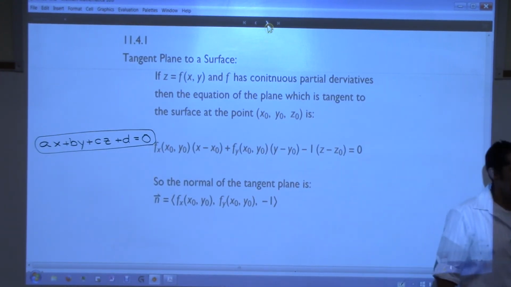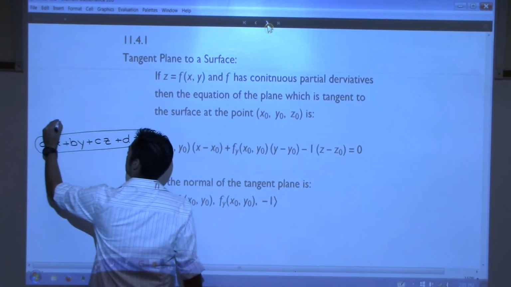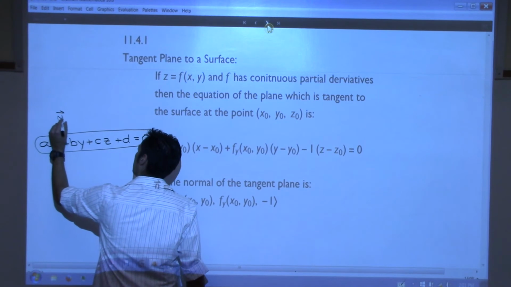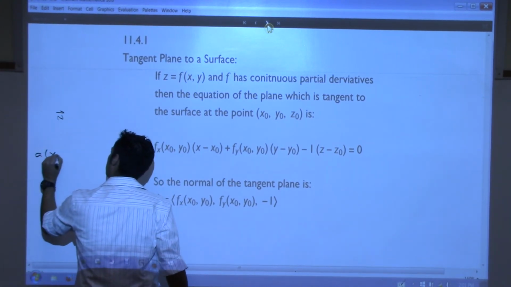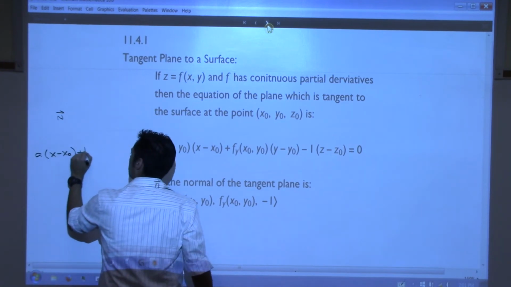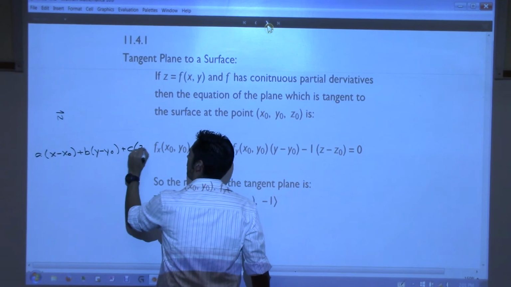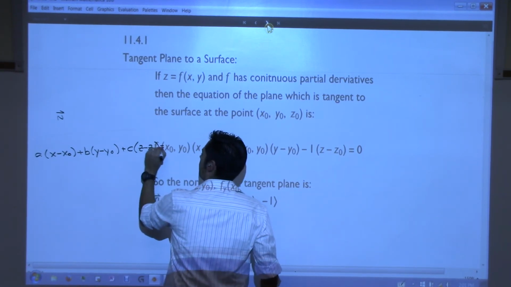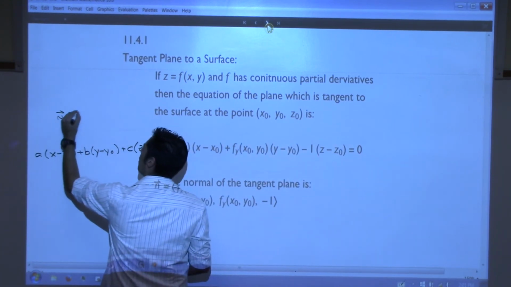That the a, b, c out of that was the normal vector, right? Came from the normal vector. The normal vector of the plane, or you know, I should remind you this way. Remember this one: a times (x minus x naught) plus b times (y minus y naught) plus c times (z minus z naught) equals 0. Remember that equation? There the normal vector was a, b, c.